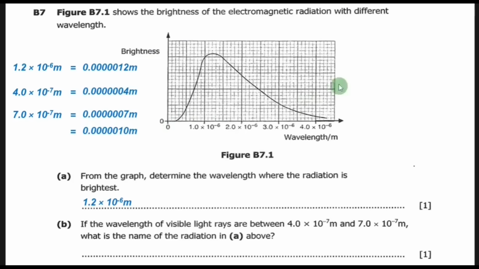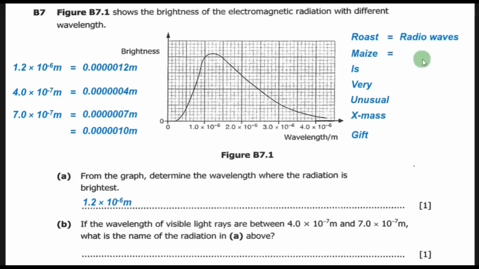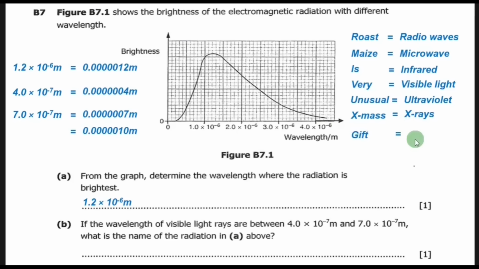For you to know that radiation, you must use this simple way of remembering the electromagnetic radiation, where we say roast maize is very unusual X-mass gift, where roast stands for radio waves, maize stands for microwave, then EZ stands for infrared, then very stands for visible light, then unusual stands for ultraviolet, then X-mass stands for X-rays, then gift stands for gamma rays.